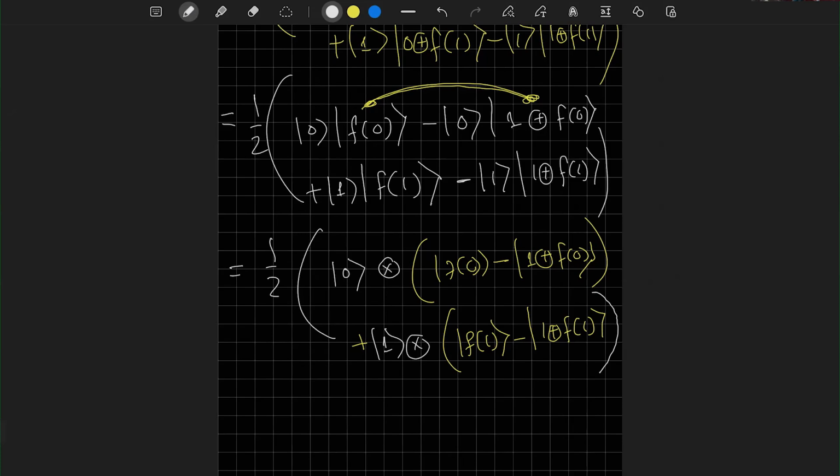Likewise, this is 0 minus 1 or 1 minus 0. What I've written in yellow, the state of the second qubit, is ket 0 minus ket 1, or the negative of this, ket 1 minus ket 0. And whether it's positive or negative depends upon the value of f.